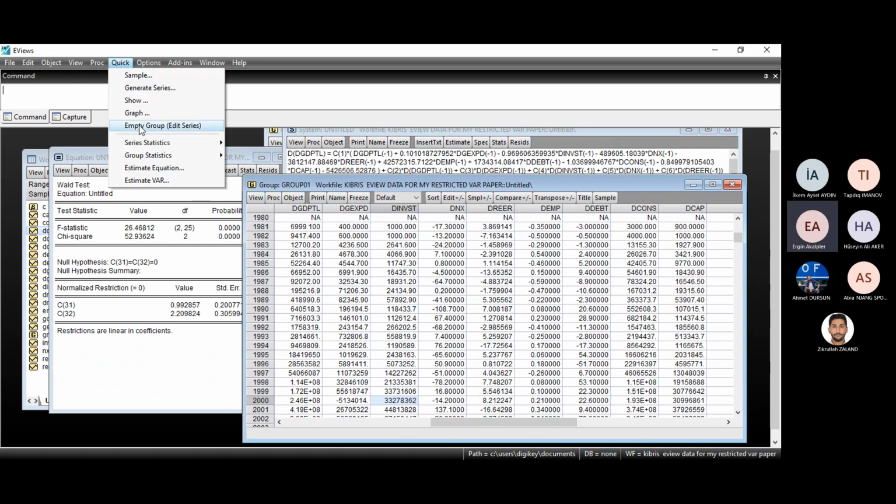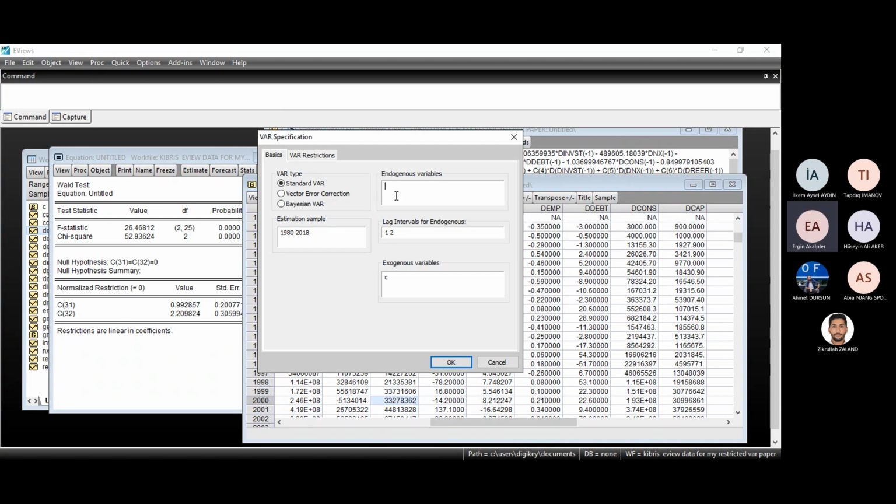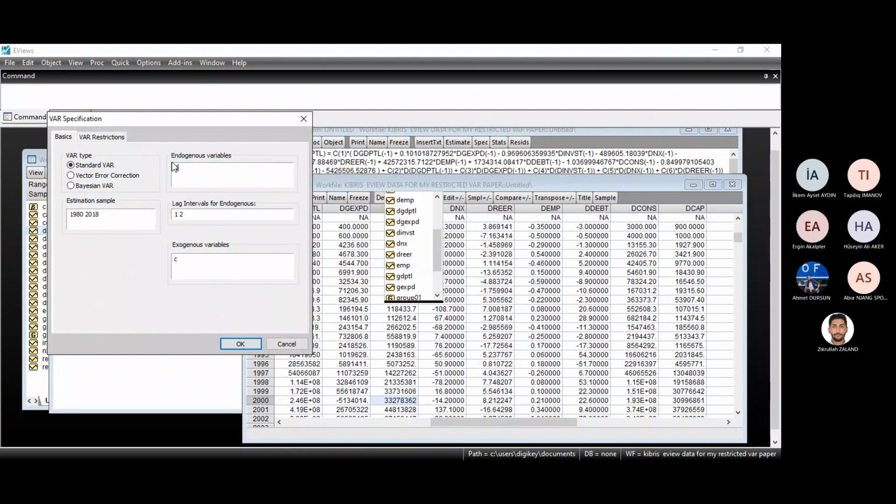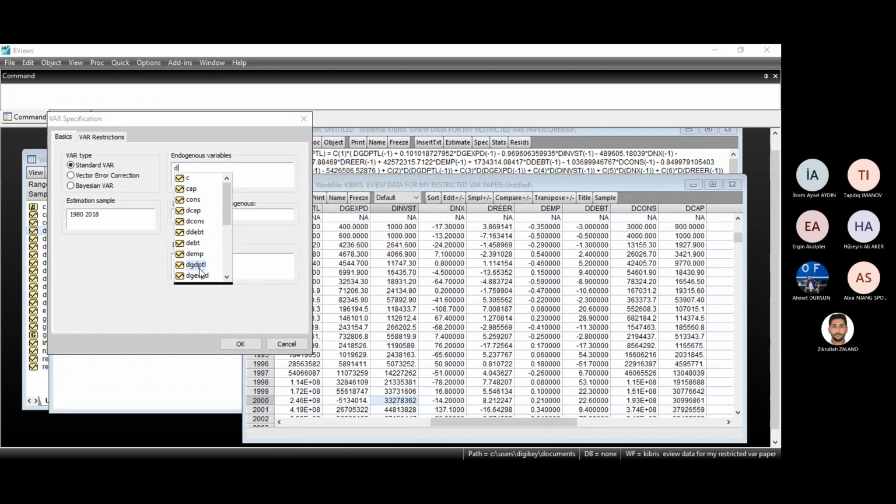Hold on a second, I did something wrong again. Oh my God, I have to copy it. I have to do it once again. I should copy it. It's better, too easy to do it.